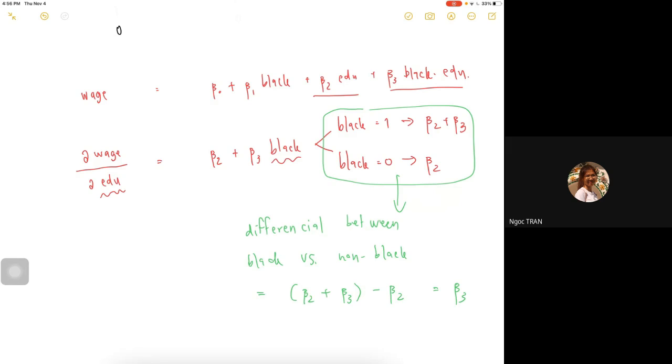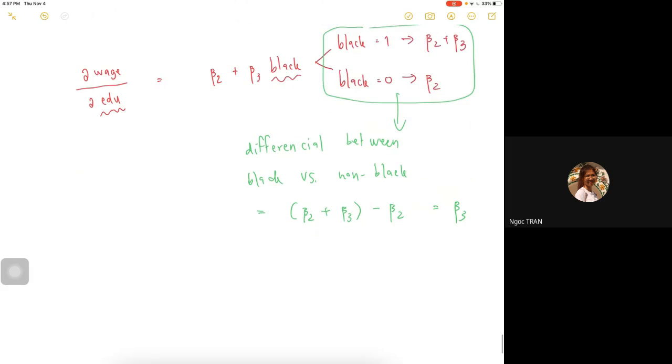So beta 3 is the differential between black and non-black people if you keep the education constant. Sounds good. Do you have any question?